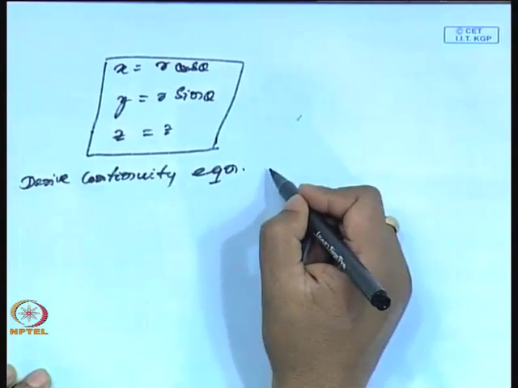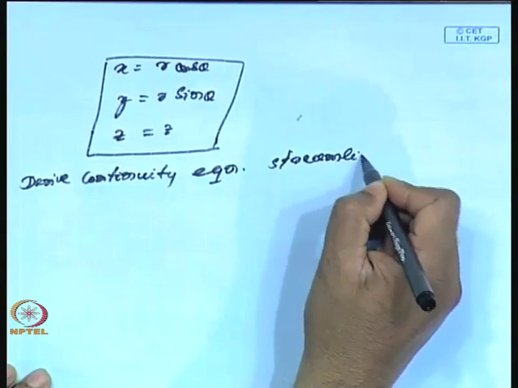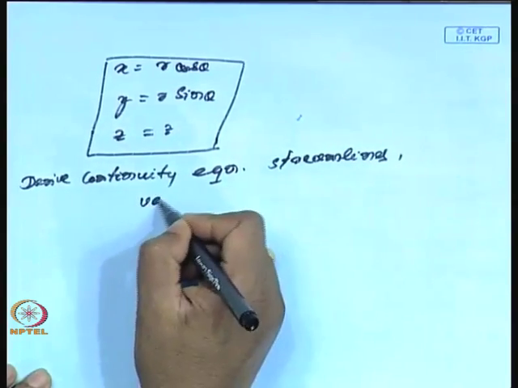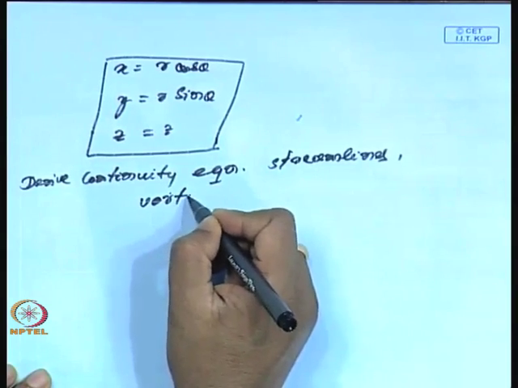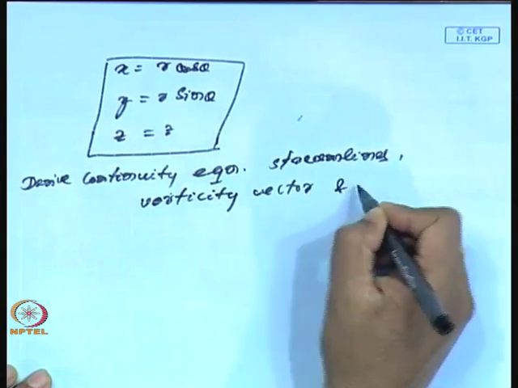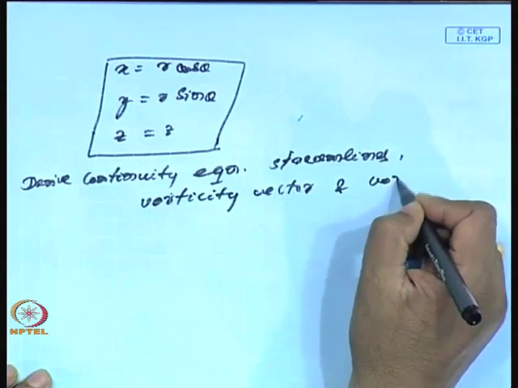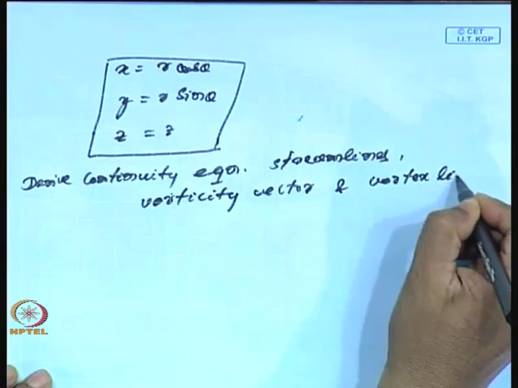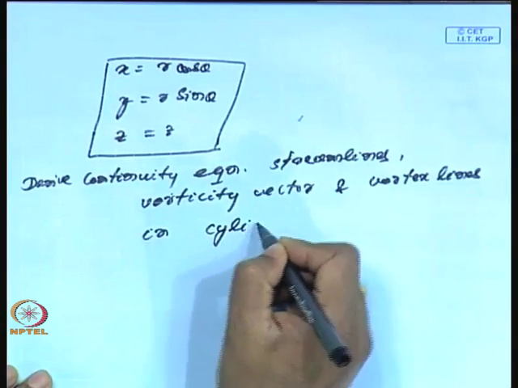You can also derive the vorticity vector, vortex lines and streamlines in cylindrical polar coordinate.